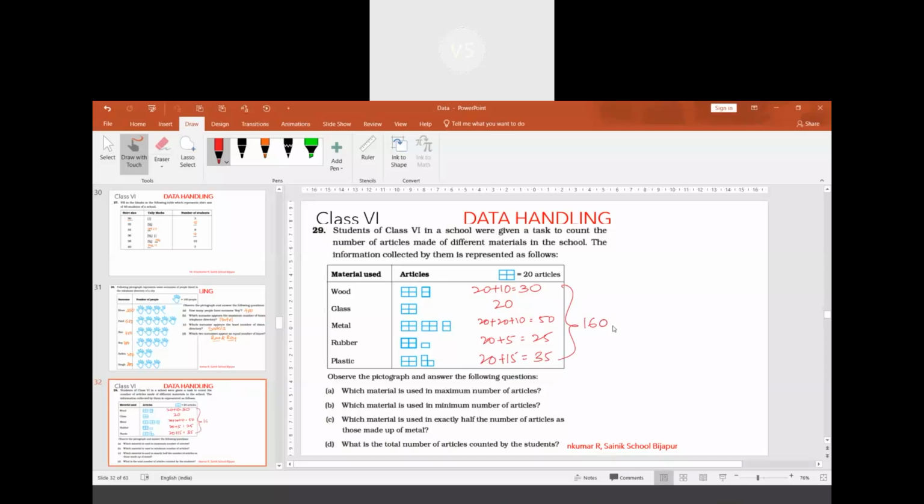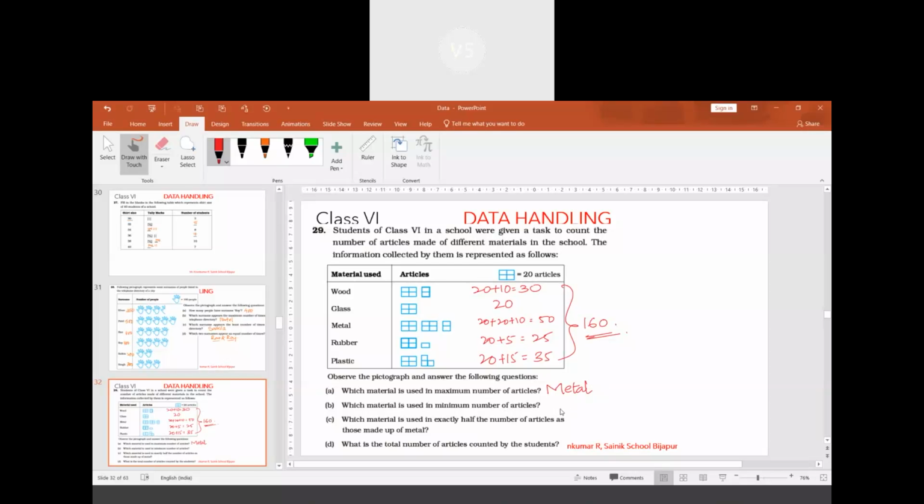Total is 160. Count it. 30 plus 20 is 50. 50 plus 50 is 100. 100 plus 25 is 125, plus 35 is 160. Yes, 160 is the total. Which material is used for the minimum number of articles?